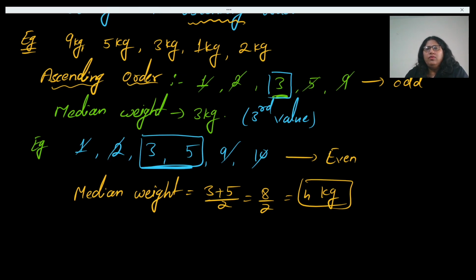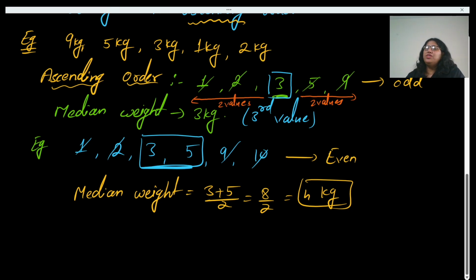Looking at the left side of 3 kg, the median, there are two values, and on the right-hand side you also see two values. That means your median divides the whole data into two parts.